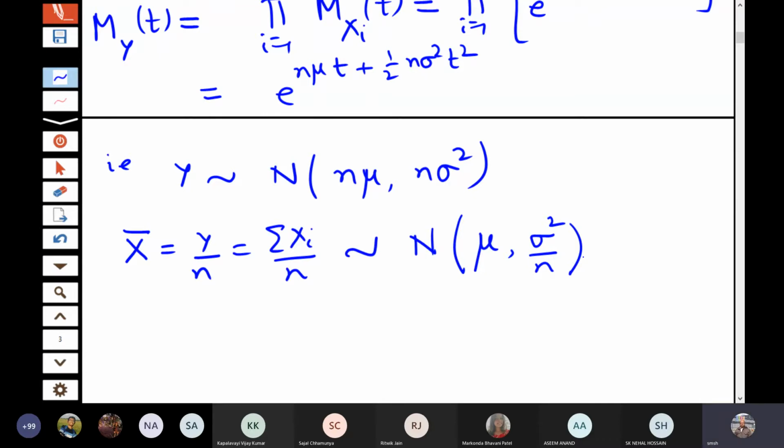So the MGF approach is useful. For example, in the last class, I have given the linearity property of the normal distribution, the linearity property of the bivariate normal distribution. So in all those cases, the MGF is used for proving all those statements. However, if you have different kinds of functions, then the MGF approach may not always be useful.